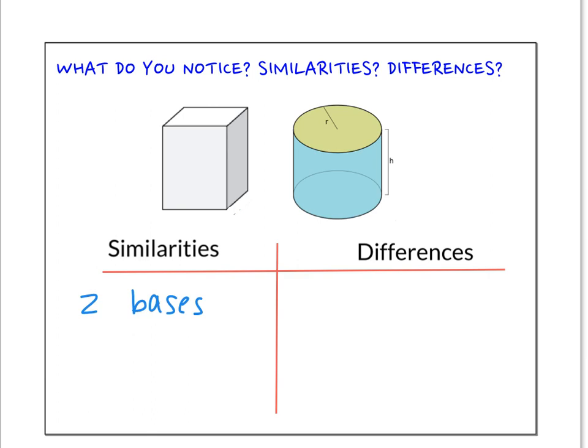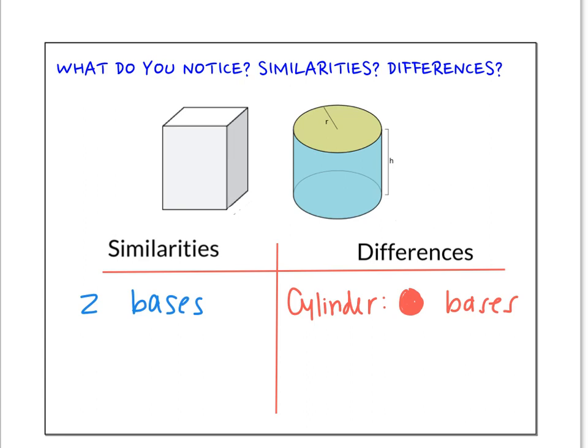So that's one of our first differences: a cylinder has circular bases, which is new here. We are used to triangle bases or hexagon bases, but cylinders have circles instead.